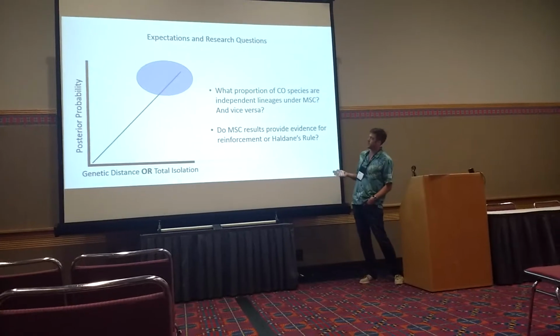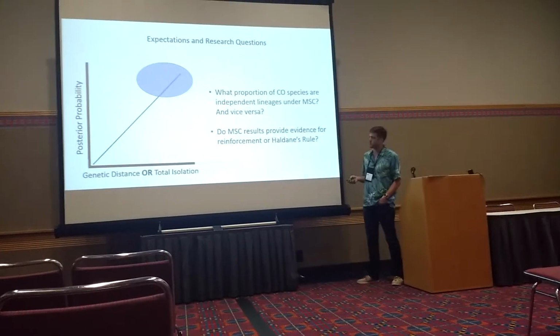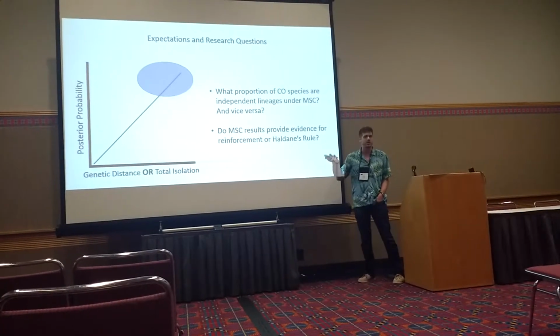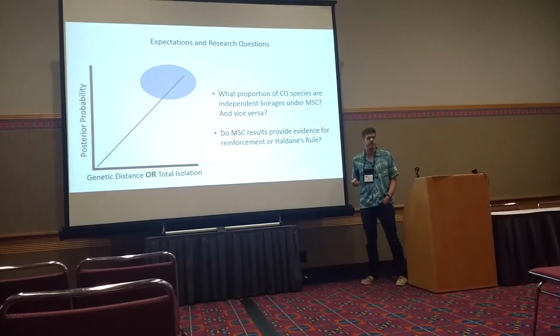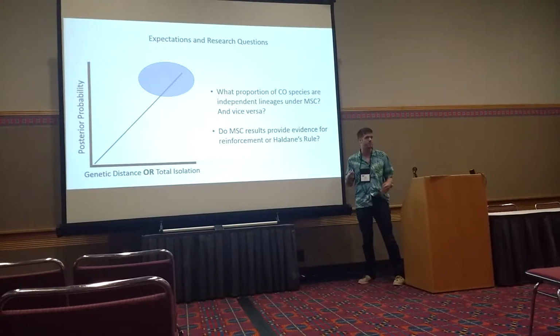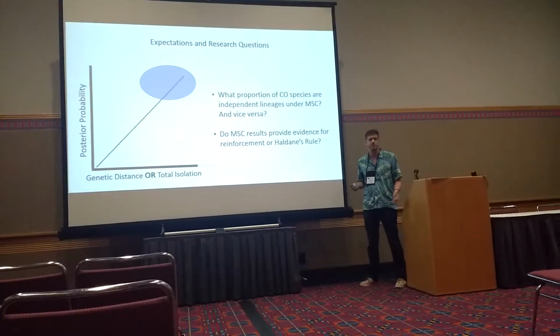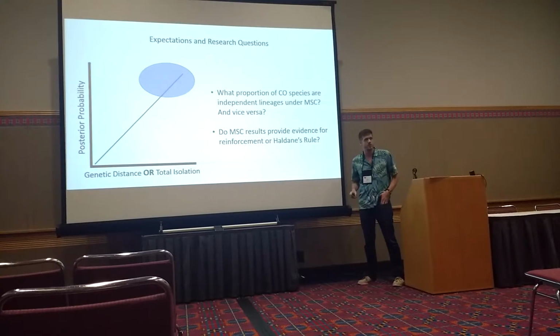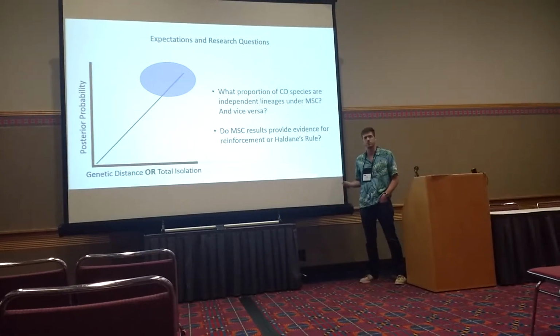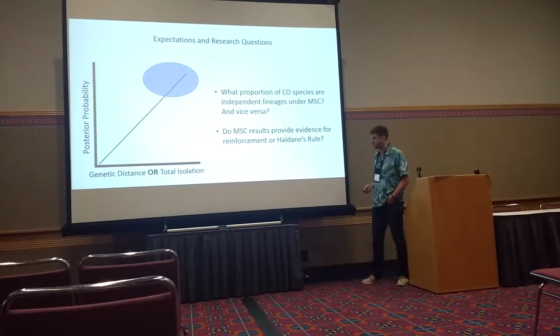So what were our expectations? We expected that as the posterior probability of being independent lineages increased, we would see a similar increase in genetic distance and total isolation, these measures that Coyne and Orr use to delimit species. We would see the multi-species coalescent also showing that as those indices increase, so did the posterior probability of being an independent lineage.